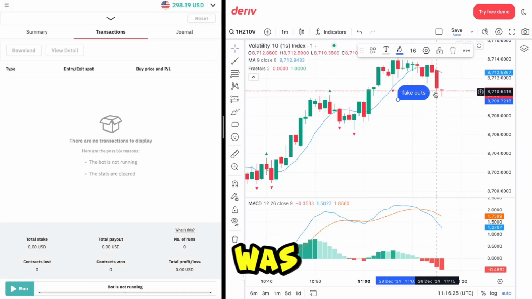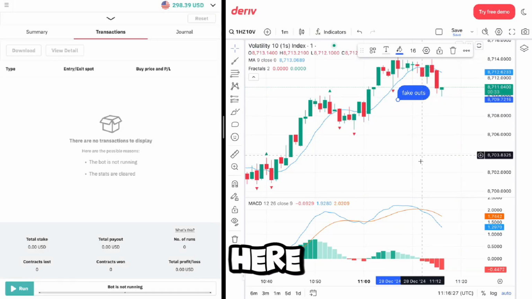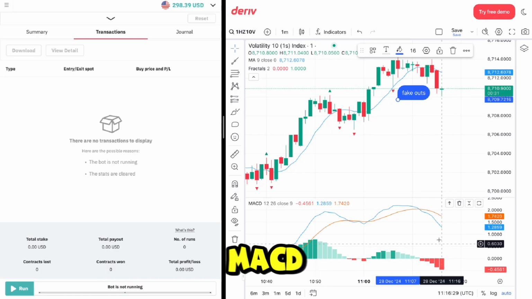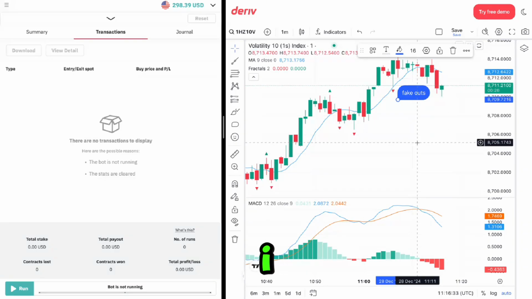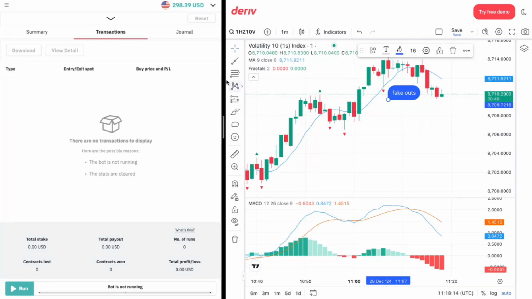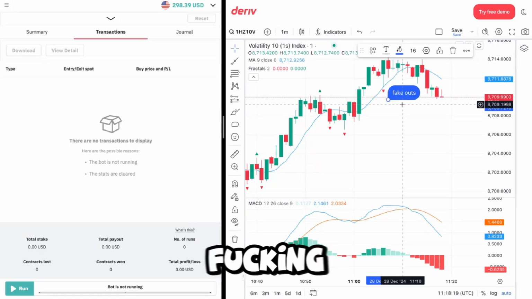Because you see, the market was falling by showing a fractal here, and we have a strong fall on MACD, and the adjoining has already happened. So I think on 10 1S we are done. So I was saying this was a fucking fake out.